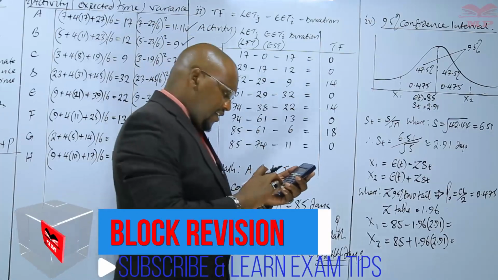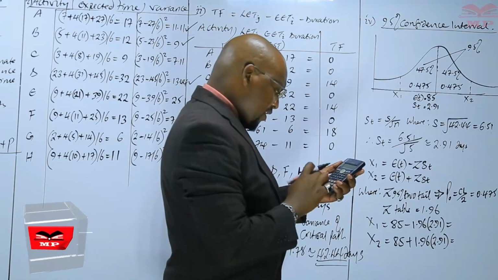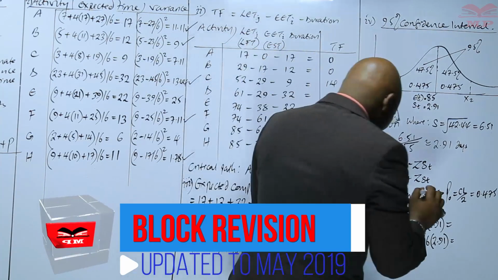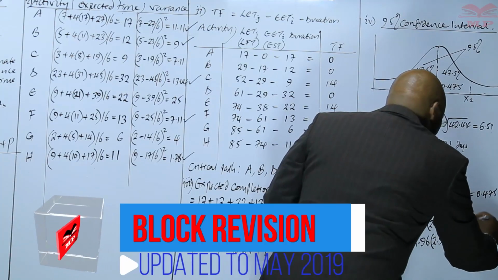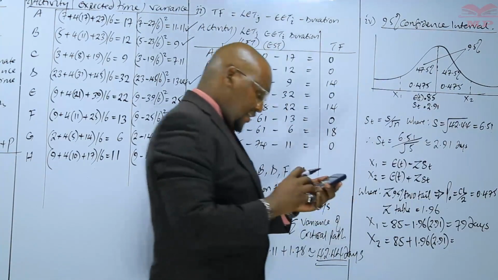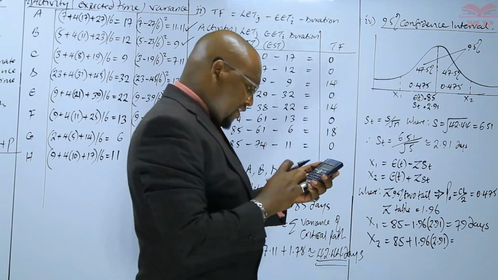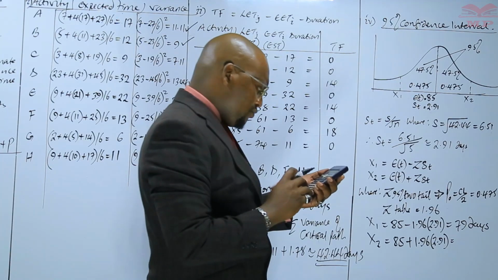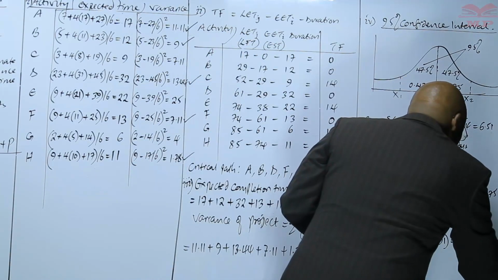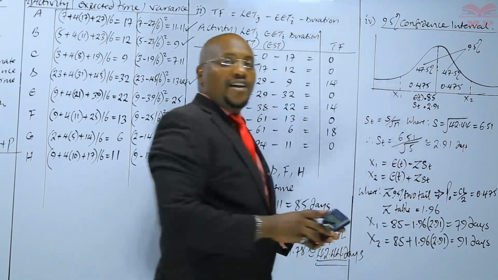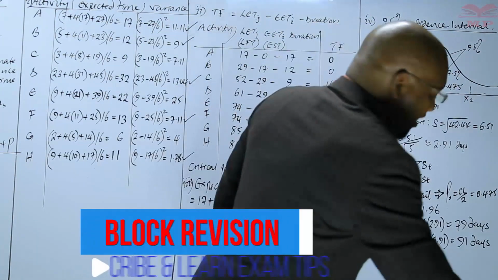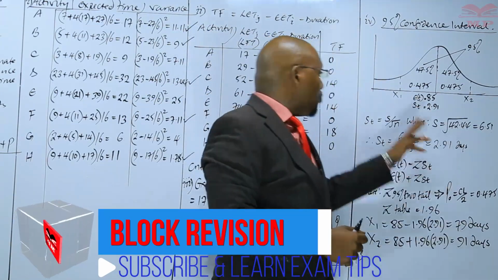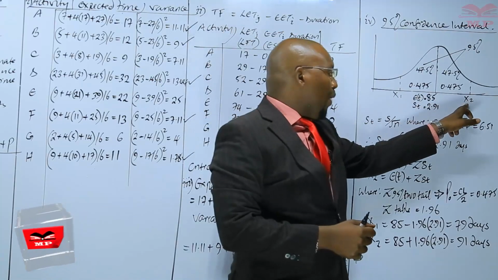Using the calculator, 85 minus 1.96 times 2.91 is coming to 79 days. While the other one, 85 plus 1.96 multiplied by 2.91, is coming to 91 days on average. That tells you that the 95% confidence interval is between 79 to 91 days.